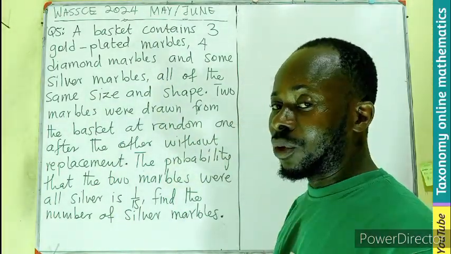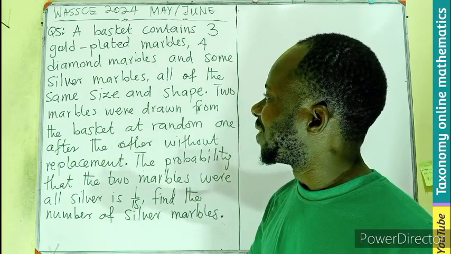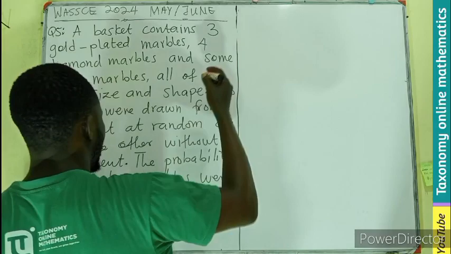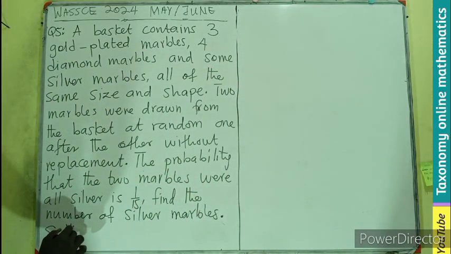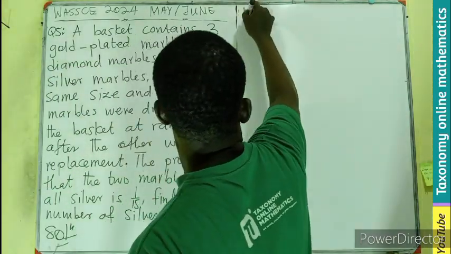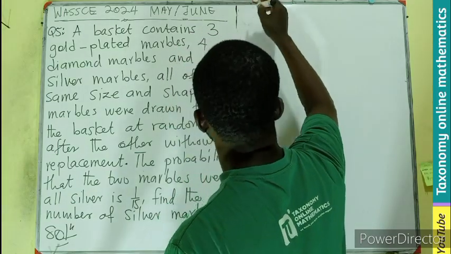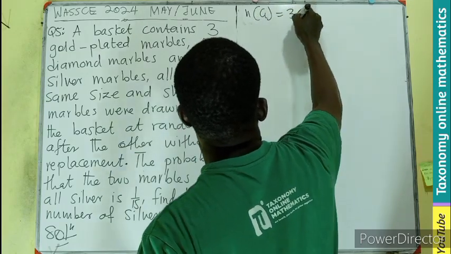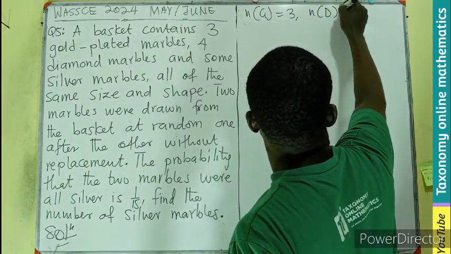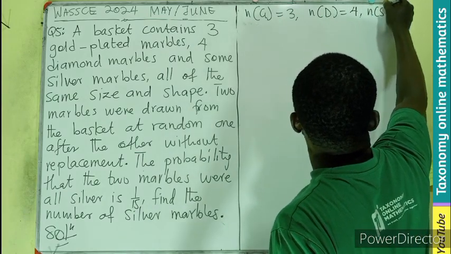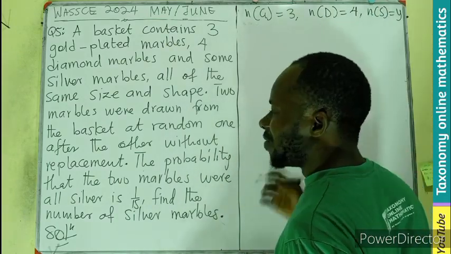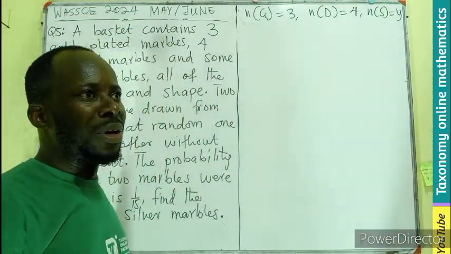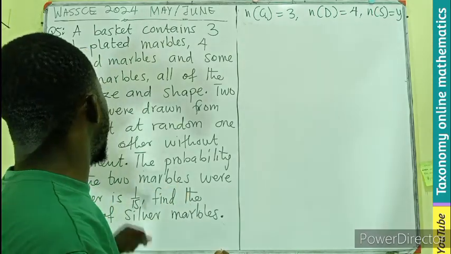First, we need to know how many marbles represent the silver. In this case, we don't know, so we use a variable. The number of gold-plated is 3, the number of diamond is 4, and the number of silver I can represent with any variable, so let's say y. Then we need the total number of marbles in the basket.